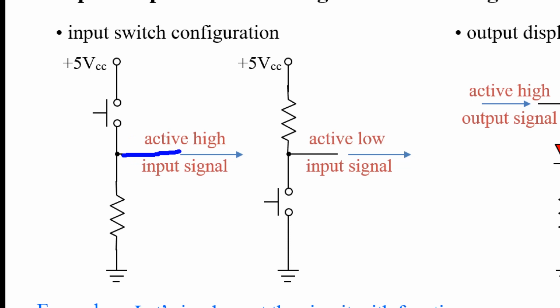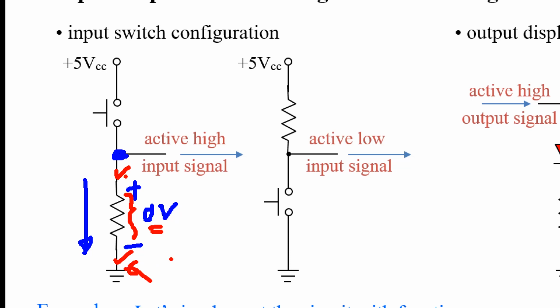So this point connects to nothing. How about this point's potential? No current, right? That means the voltage across this resistor is 0 volt. That means this point and this point have the same potential. This point is ground, which means 0 volt, so this point is then 0 volt also.